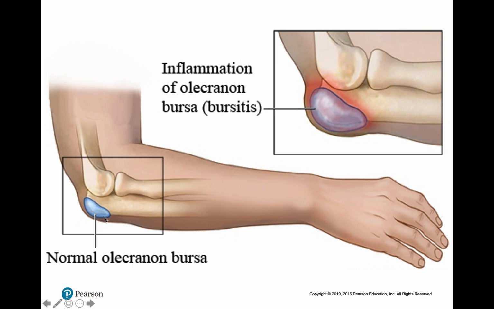So here's the head of the ulna where you find the olecranon process, and we have this fluid-filled sac, this bursa, between this bony projection and the soft tissues of your skin, okay? And this is just showing you if you constantly have repetitive motion in this area, then you could get bursitis or inflammation of this bursa here.